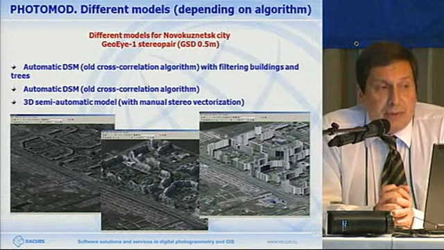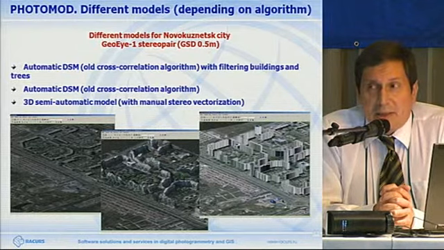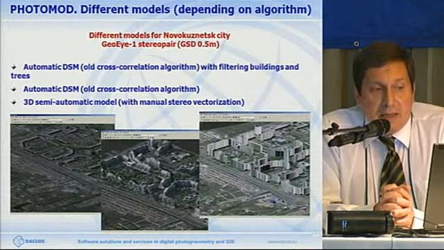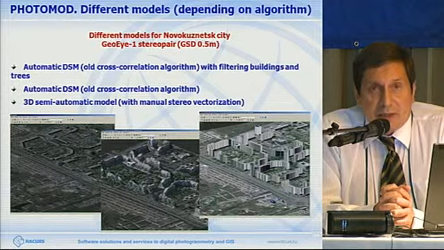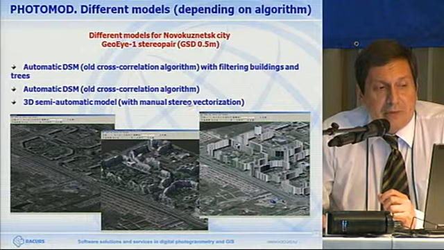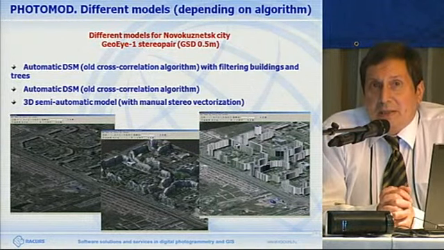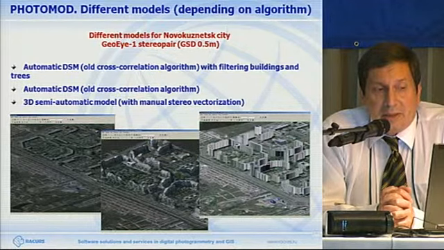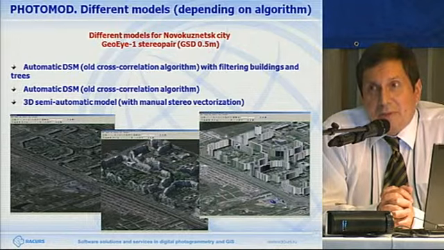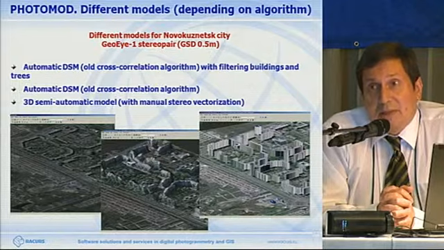So this is an example of a space image taken from GeoEye-1, a stereo pair for Novokuznetsk. Previously, when we launched an automatic processing algorithm, we used to obtain this not very nice picture. We had some hills that only resembled very feebly real houses.